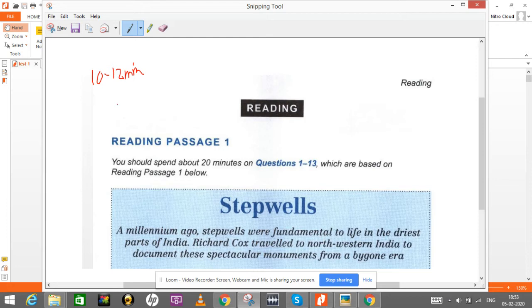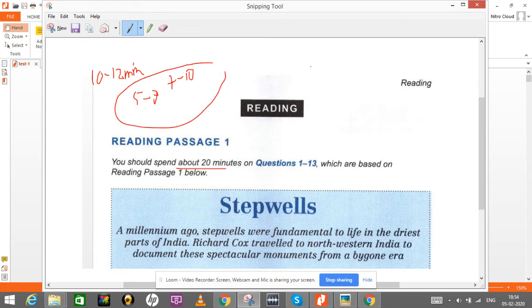It is up to you how you divide your time. But if you go by this instruction, if you're taking 10 to 12 minutes, you'll have 8 minutes to devote to your questions. Suppose you can easily do it in 5 to 7 minutes or 7 to 10 minutes, then you are there for a 7 band score, or a 7.5 band score, remember.